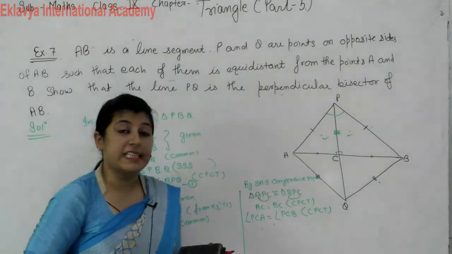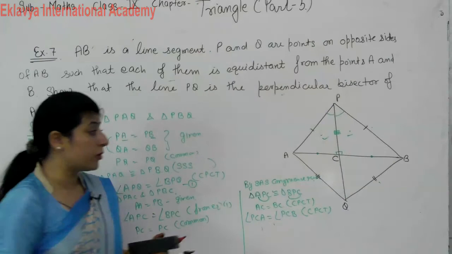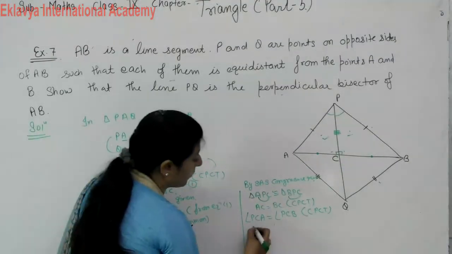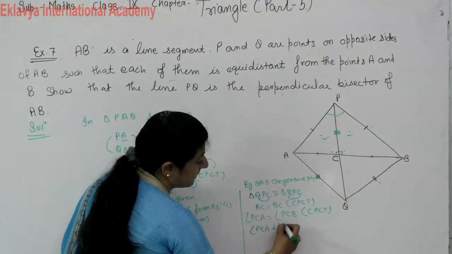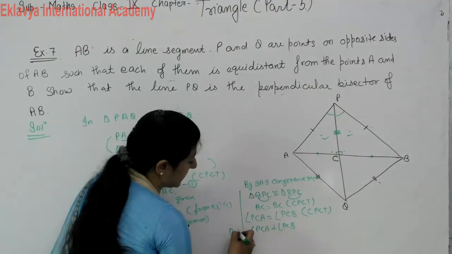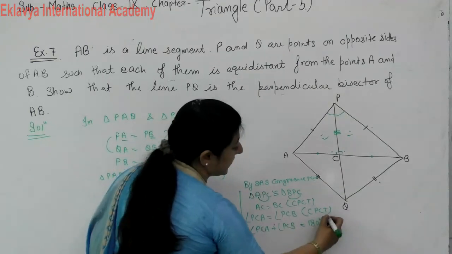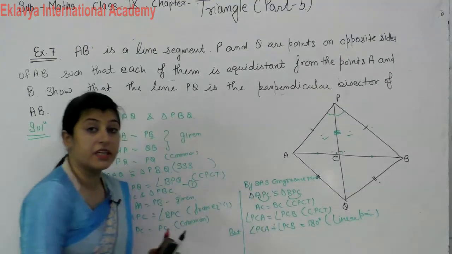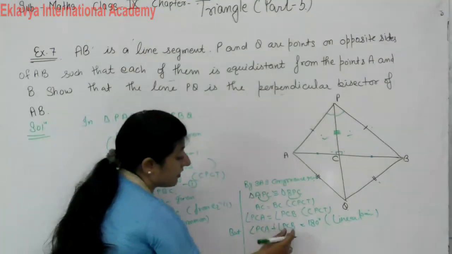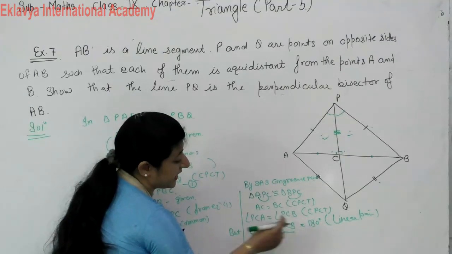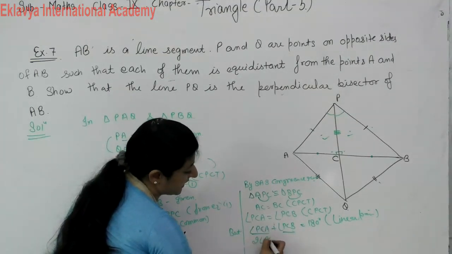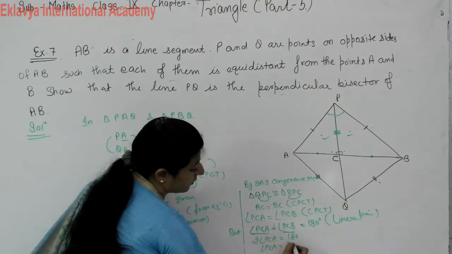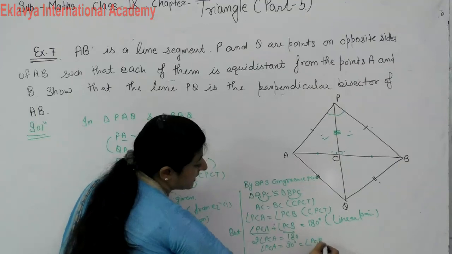But bisector we proved; for perpendicular we have to prove this angle is equal to 90 degrees. Now see, PCA plus PCB is equal to 180 degrees. Reason is linear pair. This is also a concept of chapter 6. Then PCA plus PCB is 180 and both are equal, then twice PCA is equal to 180, then angle PCA is equal to 90 degrees, equal to PCB.